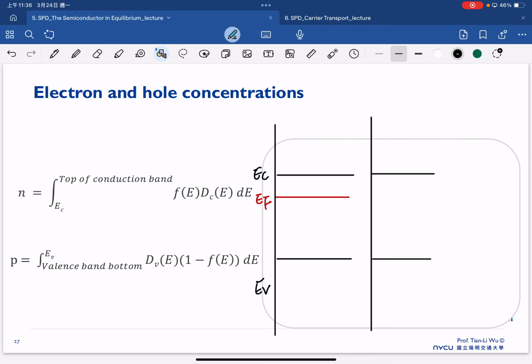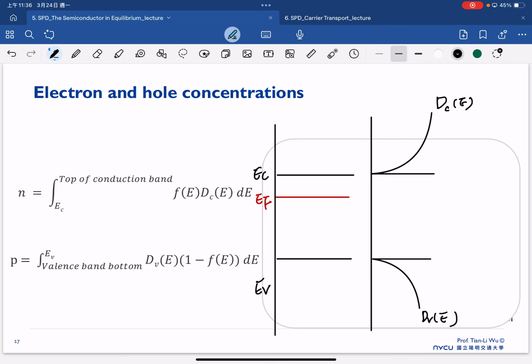This is DC, the same one that we called GC before. And also at the bottom, we have the DV here. But now the only thing changed is that our EF is close to the top.